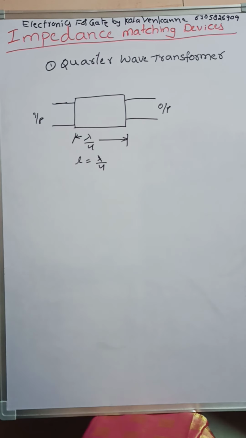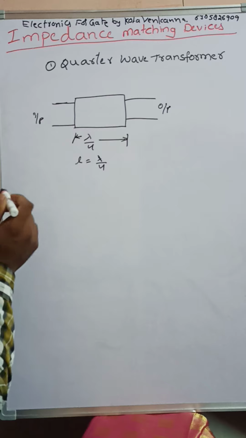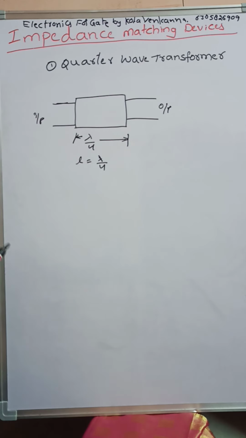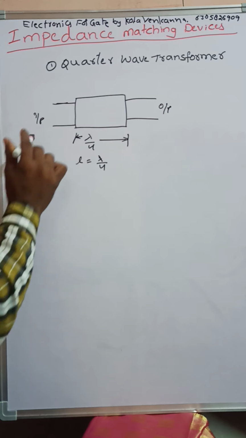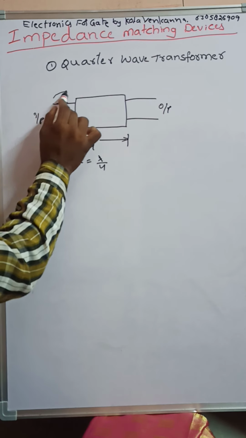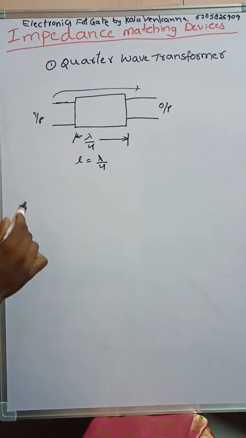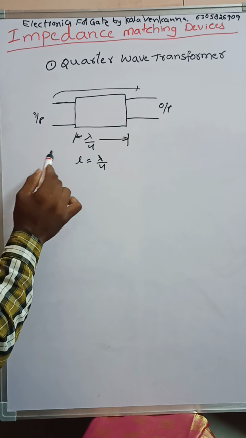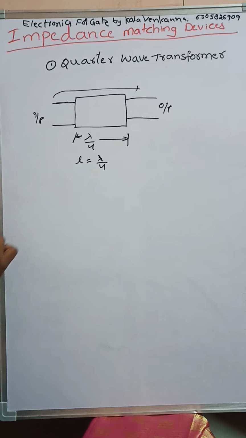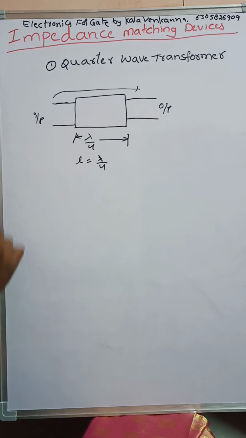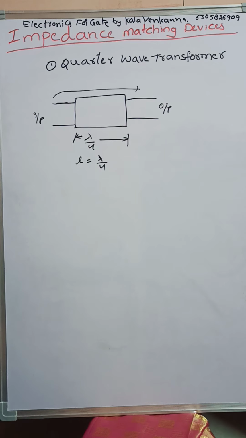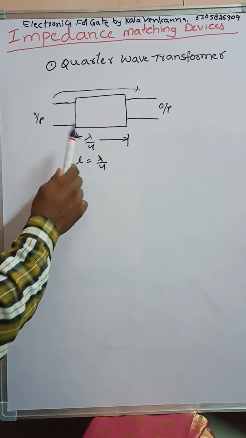Our aim is maximum power transfer from input to output. It is possible by placing the lambda by 4 piece of transmission line in between input and output. Here it acts as a step up or step down impedance transformer.